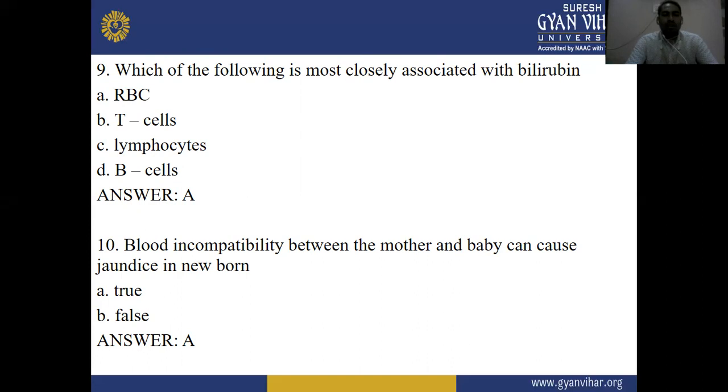And next question: blood incompatibility between the mother and baby can cause jaundice in newborn. Option A is true and option B is false. The right answer is A, true.